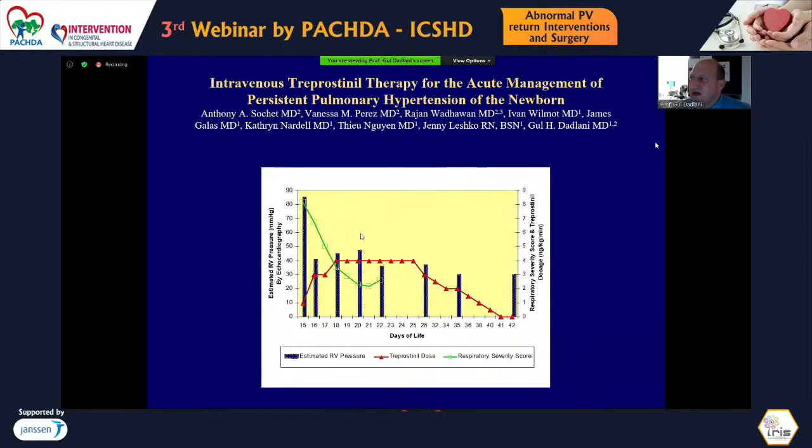This is a case that we did at my institution, looking at intravenous treprostinil in the utilization of persistent pulmonary hypertension of the newborn. And again, we were able to wean that child off within 40 days and really be able to save their life by utilizing that.